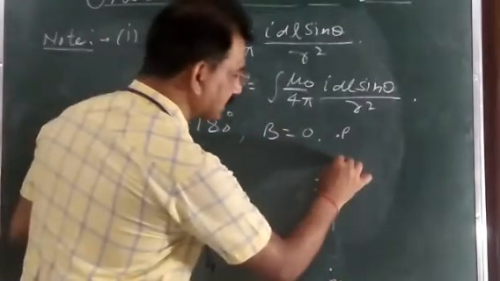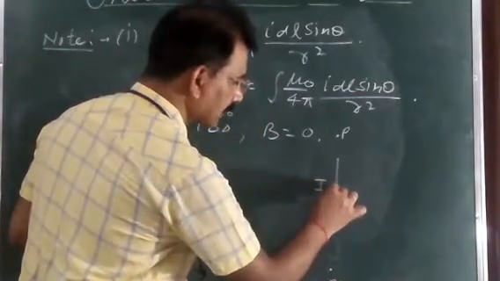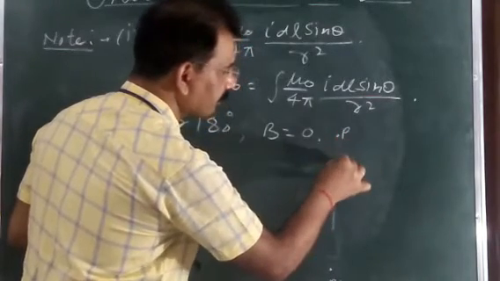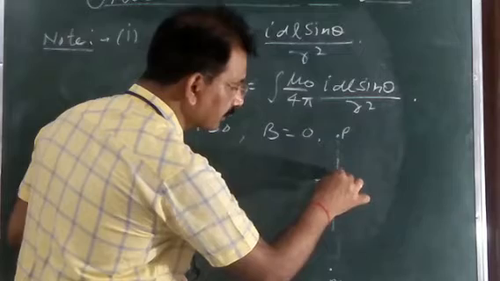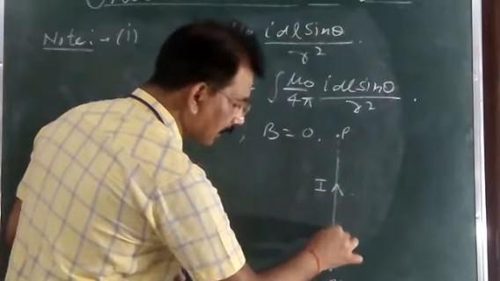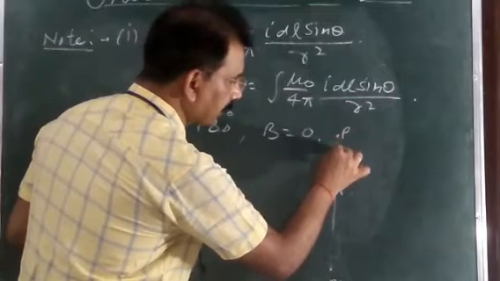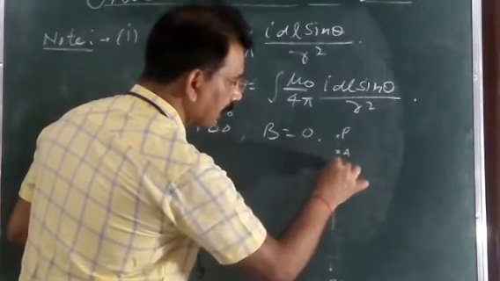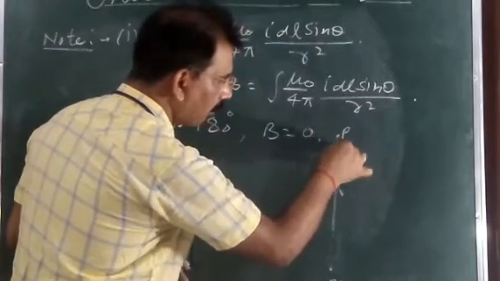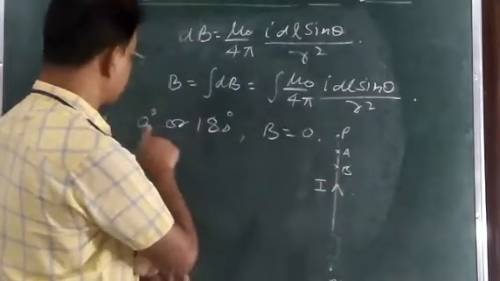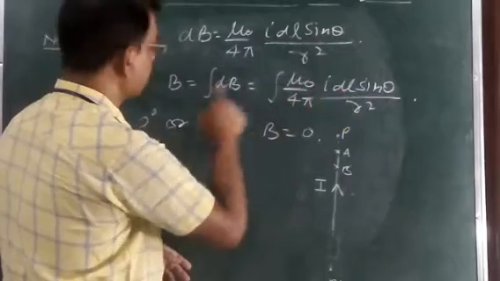When you extend this current direction I, all those points which lie along this current carrying conductor, either P or here A or here B, at all these points theta is 0 degree, and when theta is 0 degree, the magnetic field will be 0.